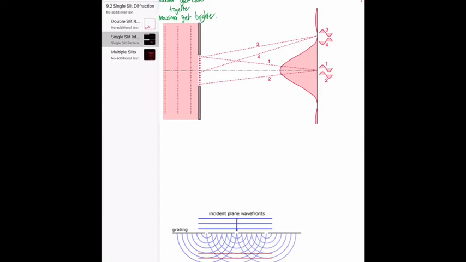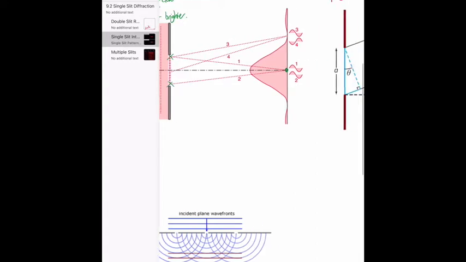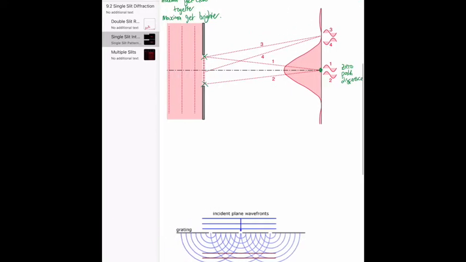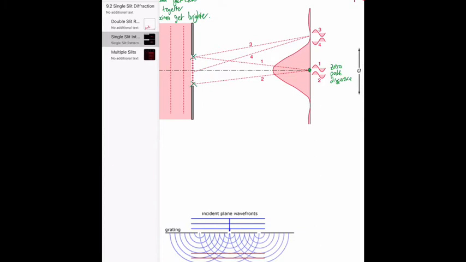So just bringing in the theory we had with the double slit interference, if we look along this centre line here, we can say that light from the top of the slit and light from the bottom of the slit will have travelled the same distance to get to this point here. So we're going to have 0 path difference. And so we're going to have that central maxima. We're going to get constructive superposition.